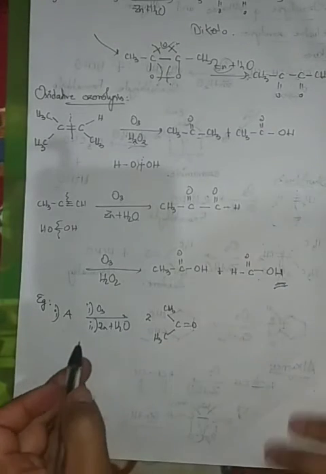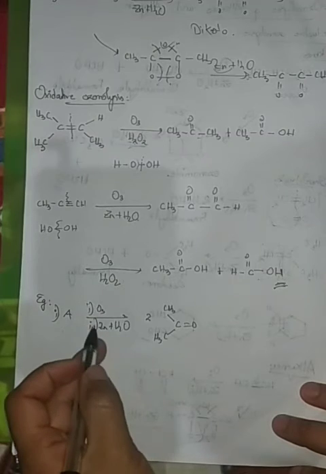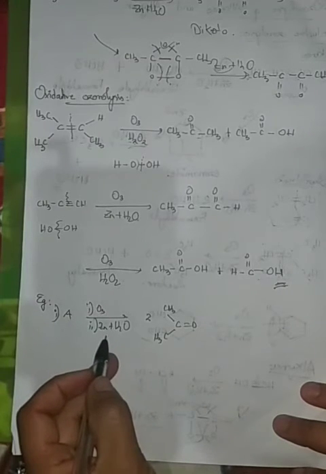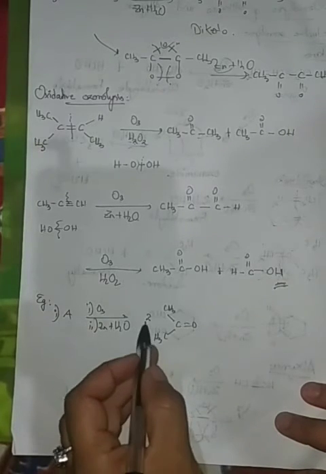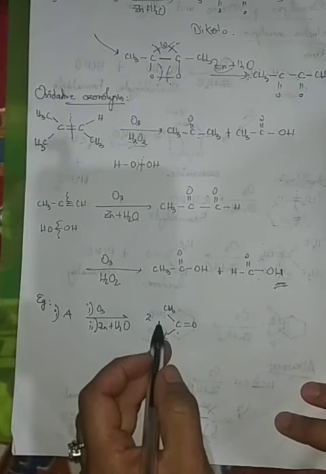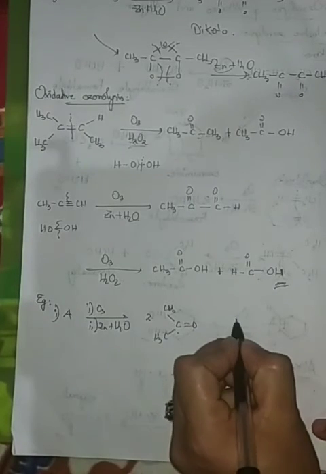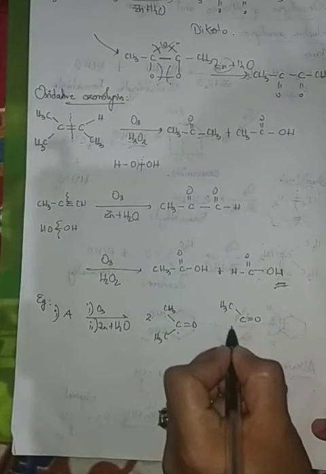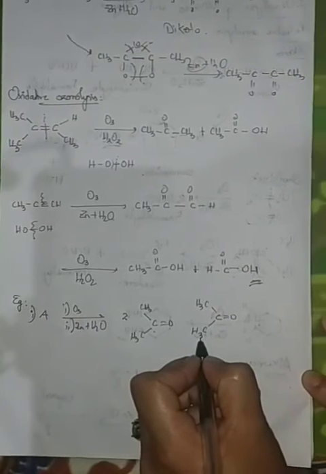Now, we know that when ozone and Zn plus H2O is the reaction medium, this is a reductive ozonolysis reaction. Therefore, since there are 2 moles, a short trick method is available: 2 moles of this is a ketone. Therefore, just attach here C double bond O, CH3. We can get the answer directly from the product.